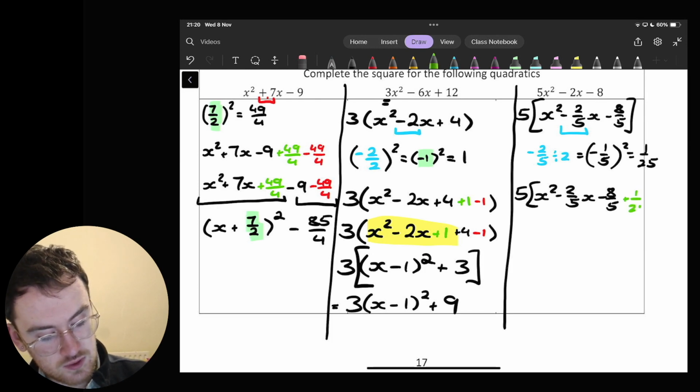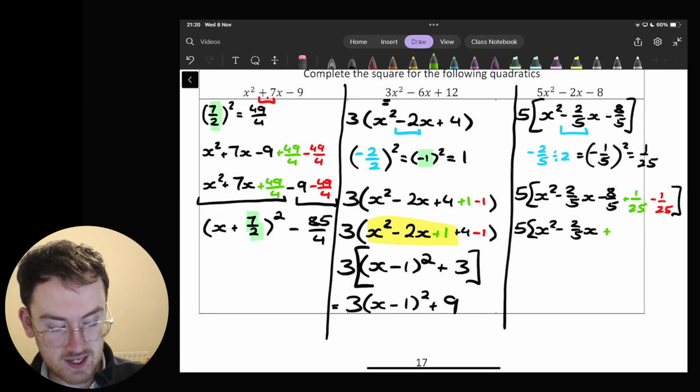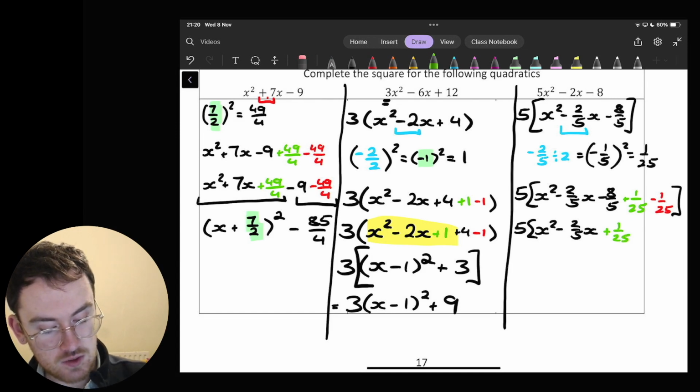So plus 1 over 25 minus 1 over 25. Again, as before, we're bringing the plus version of that over beside the rest of the quadratic expression, and we're going to bring the other constant, the minus 8 over 5, over beside my negative constant there, the 1 over 25.